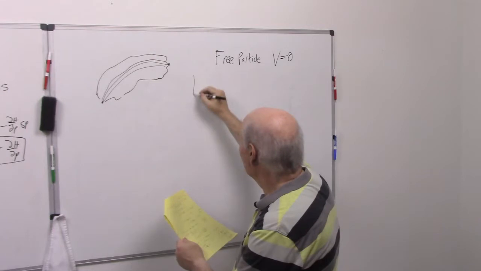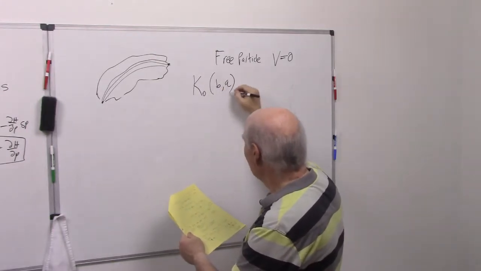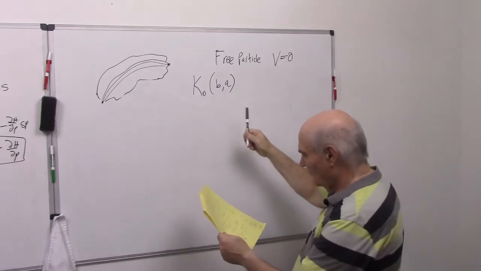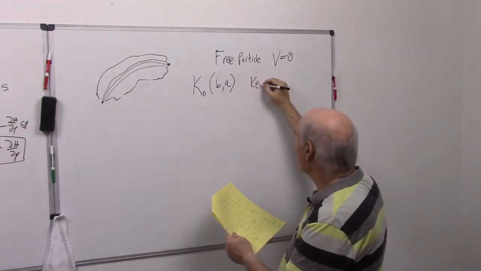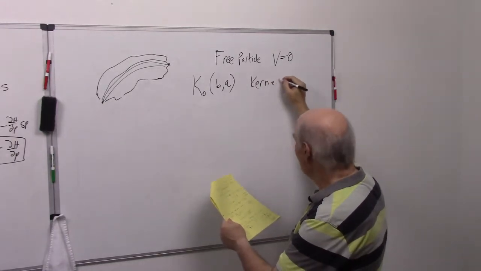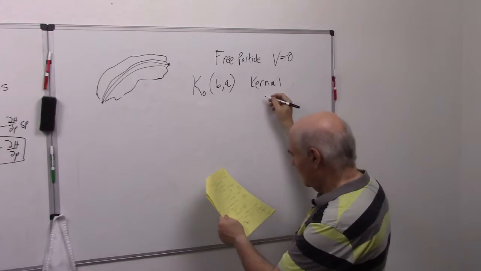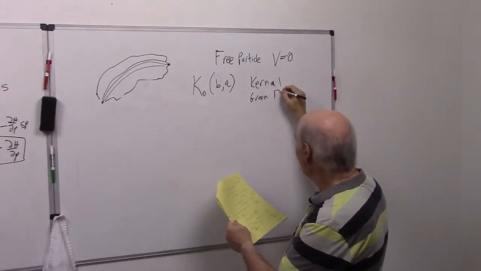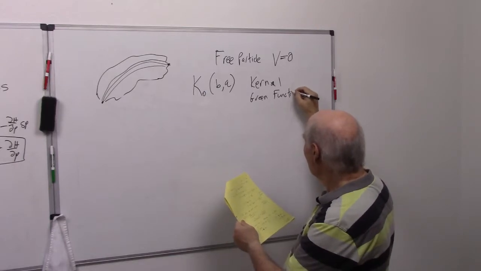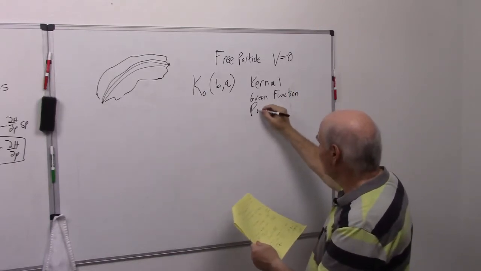You might see the notation K of B comma A, the kernel. Sometimes it's called the Green's function. Those of you who have seen it in electrodynamics, it's also sometimes called the propagator.